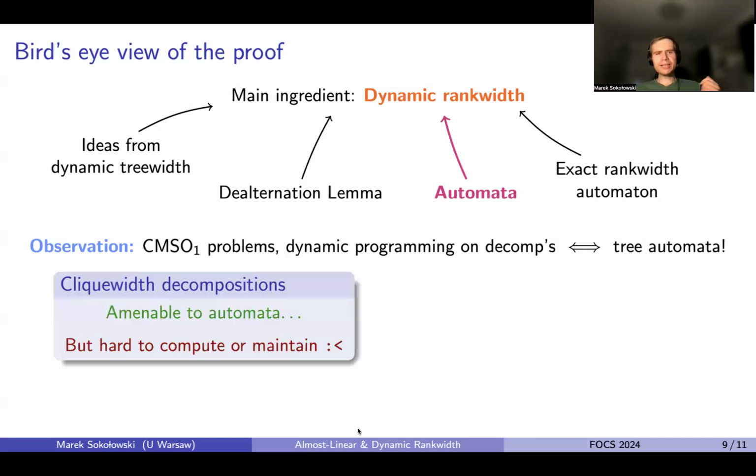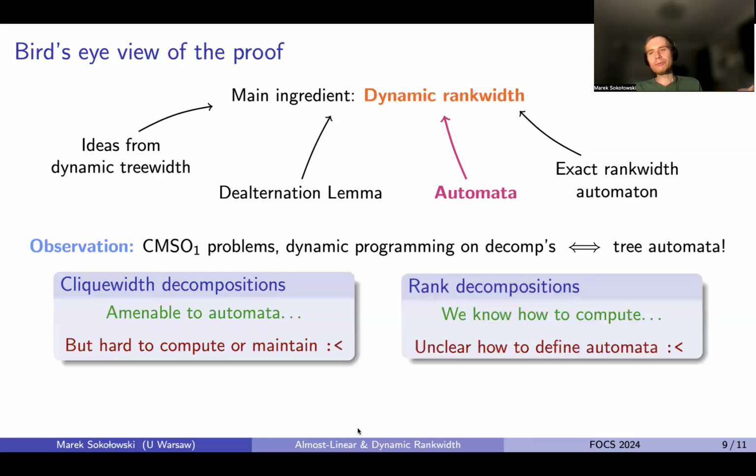But the problem with clique decompositions or clique expressions is that those work really well with those kind of tree automata, but those are really hard to compute or maintain explicitly, without using different approximation algorithms, going through rank width and then doing some transformations to actually produce clique decompositions.